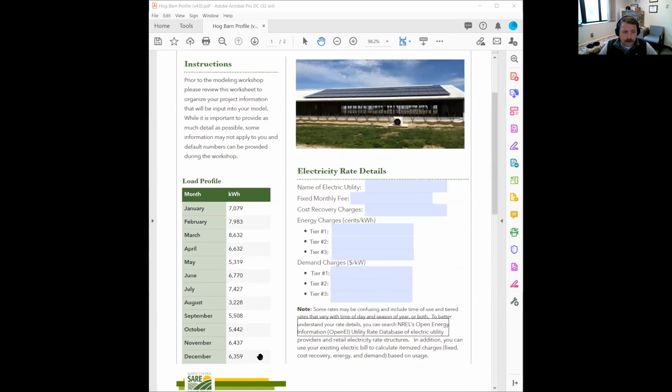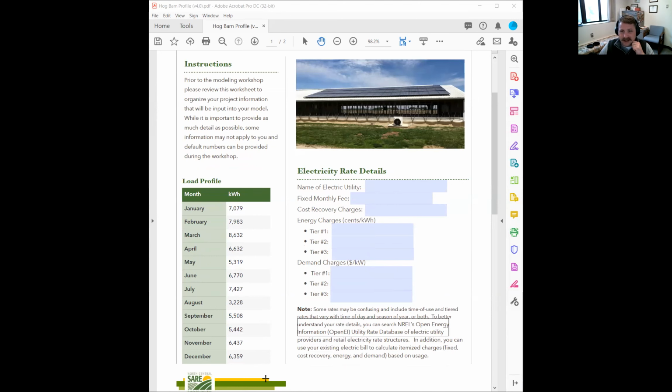We have a load profile, so we have some load data for this. In many cases, monthly load data is what we have available to us, and it works fine. I'll show you how to use monthly load data. If you have hourly load data, which you might have to contact your utility to get, the System Advisor Model can deal with hourly load data.